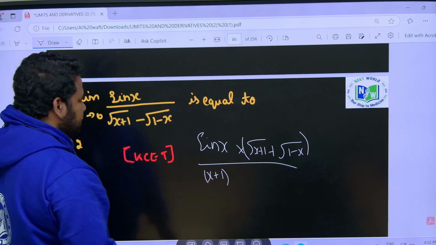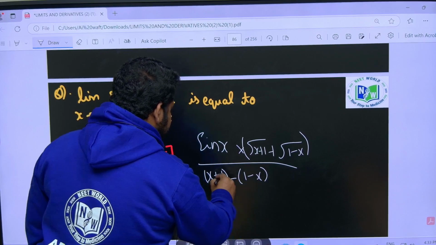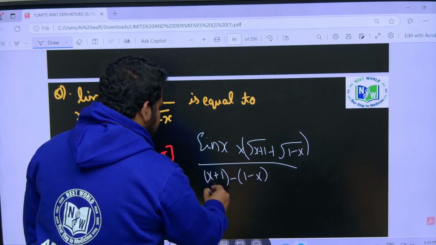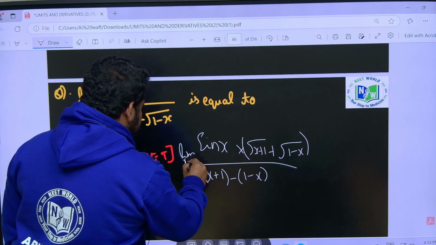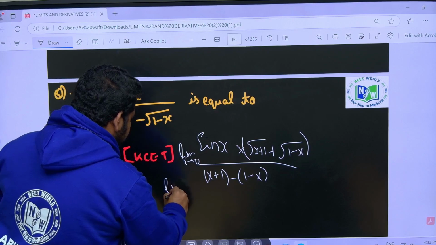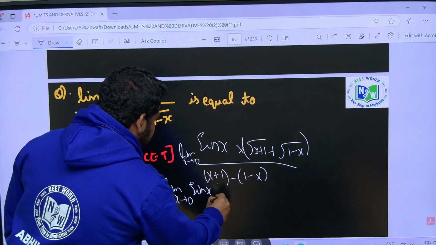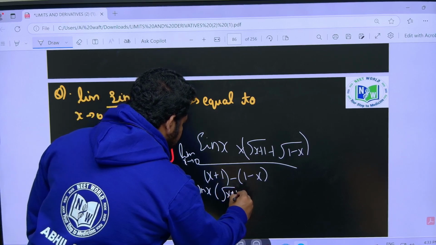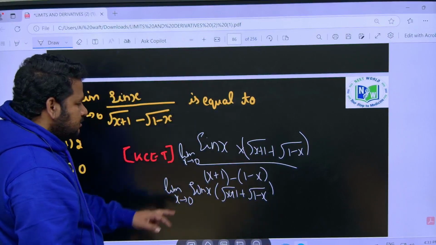A square minus b square. This is x plus 1 minus 1 minus x. Okay, so this will be limit as x tends to 0, sin x into root of x plus 1 plus root of 1 minus x.